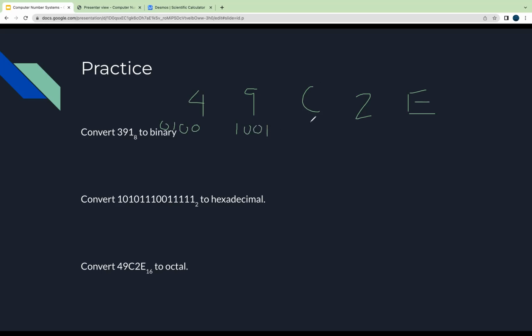C, which if you recall is 12, becomes 1, 1, 0, 0. 2 becomes... and E, which is 14, will become... and then since we're converting this to octal, okay, let me write this a little bit more condensed.